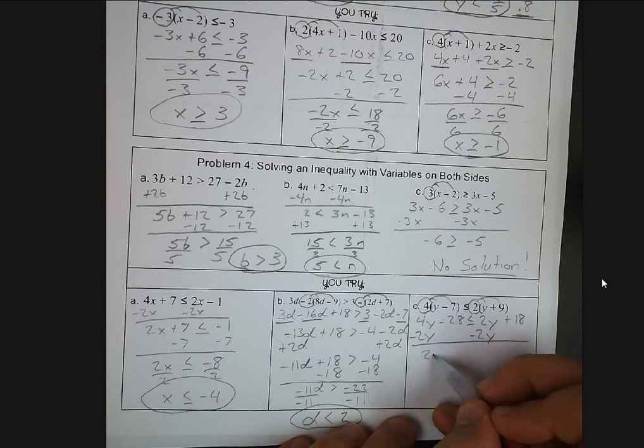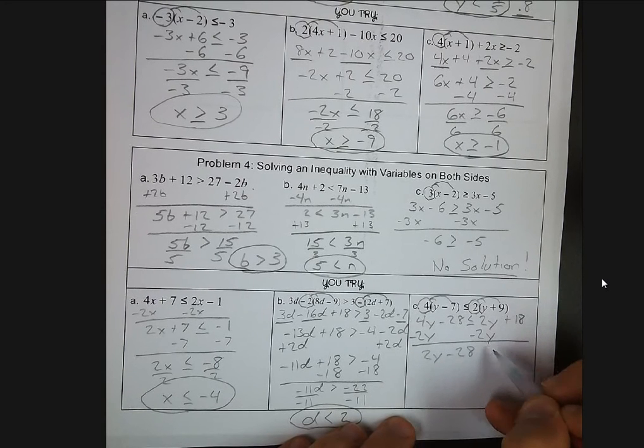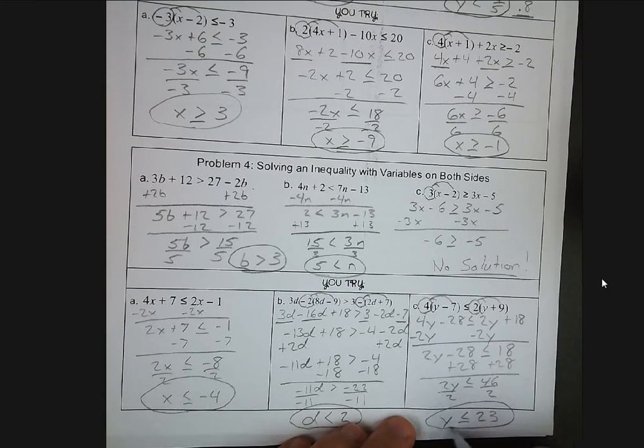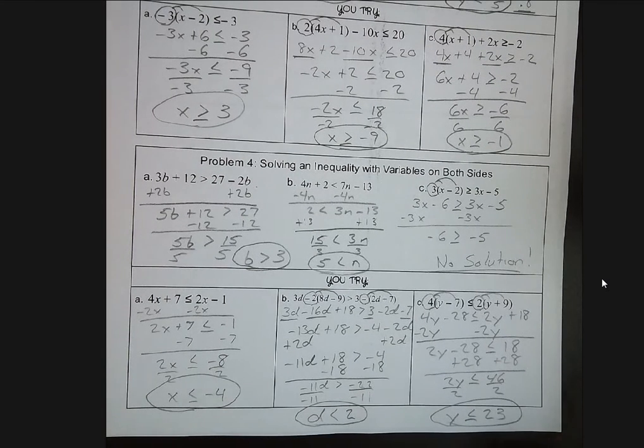We're left with 2y minus 28 is less than or equal to 18. We're going to add 28 to both sides. So 2y is less than or equal to 46. Divide both sides by 2. And y is going to be less than or equal to 23. It's a great number, 23.